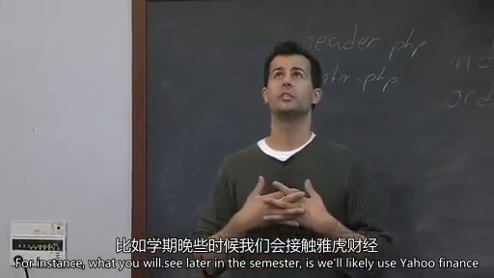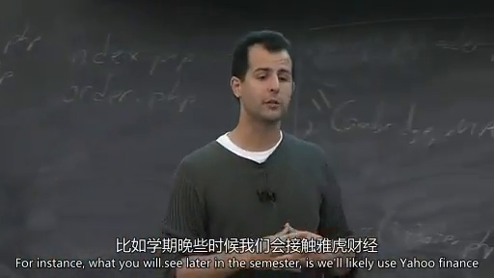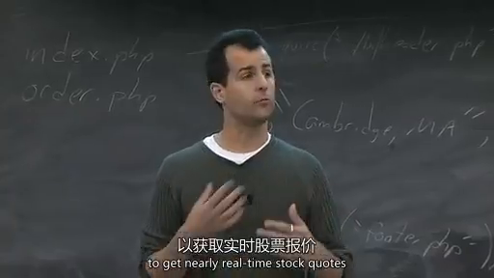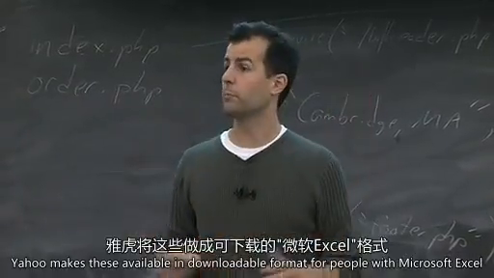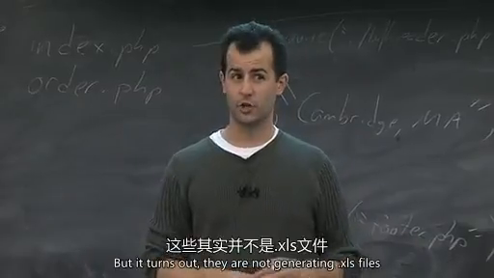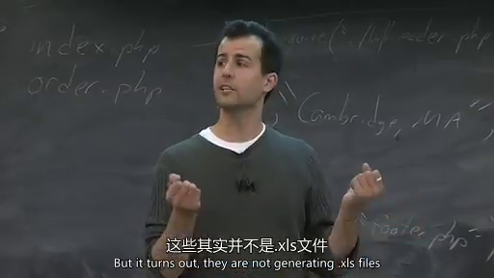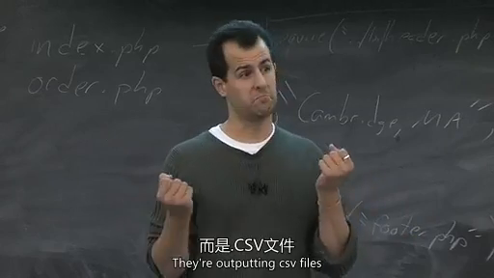For instance, what you will see later in the semester is we will likely use Yahoo Finance to get nearly real-time stock quotes. Yahoo makes these available in downloadable format for people with Microsoft Excel, but it turns out they're not generating .xls files. They're outputting .csv files.